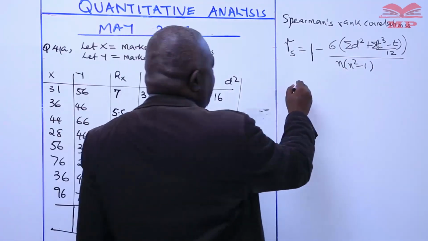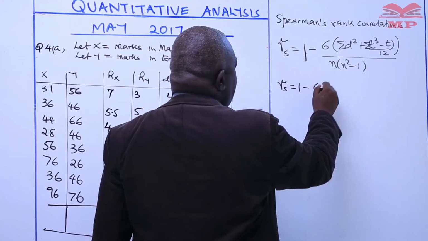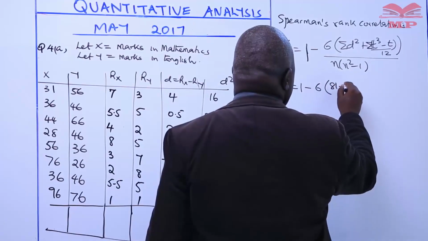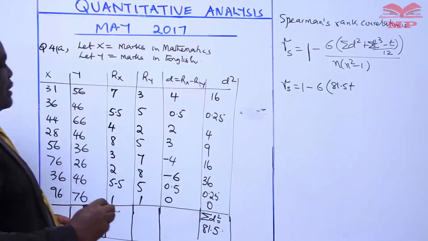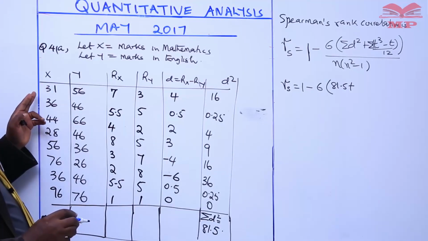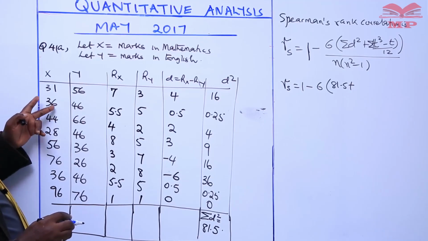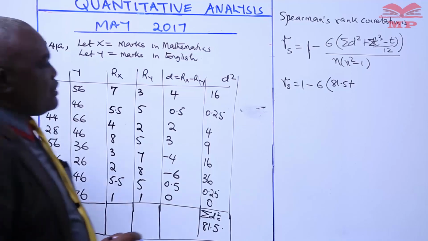Now, concerning the formula, we shall have R_S equals 1 minus 6 into d squared, which is 81.5, plus, look at here, under x, one value appeared twice, 36, 36. So t becomes 2.